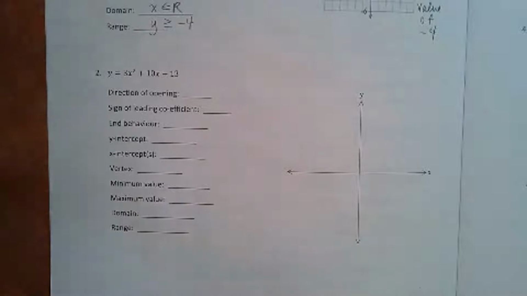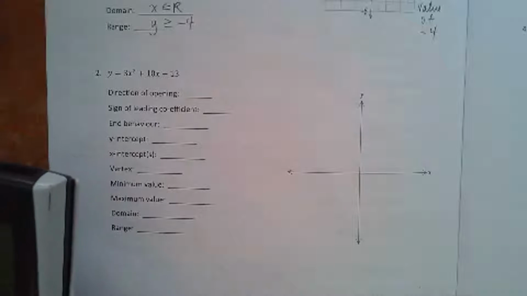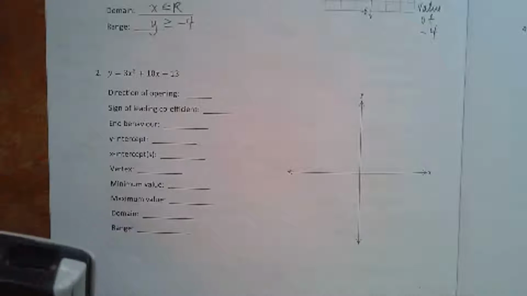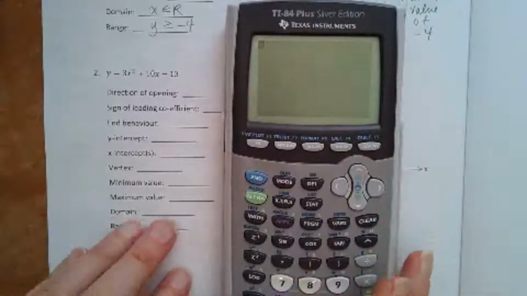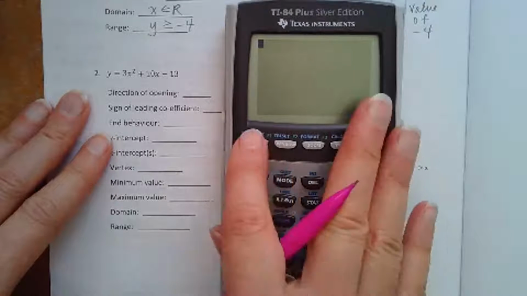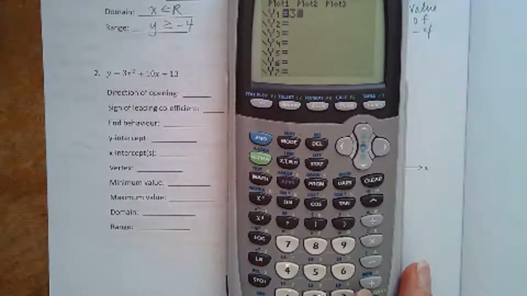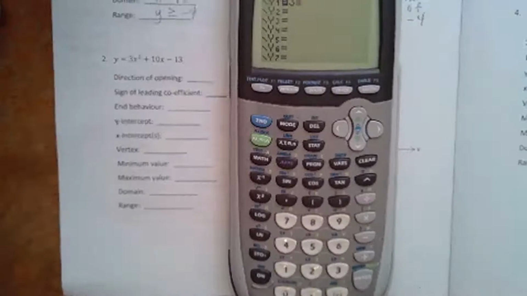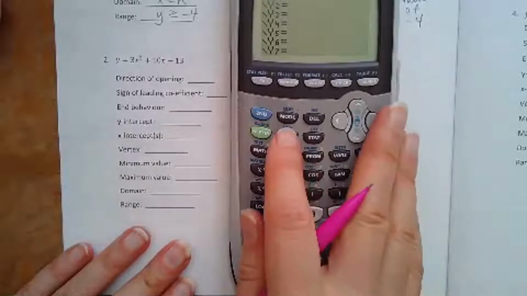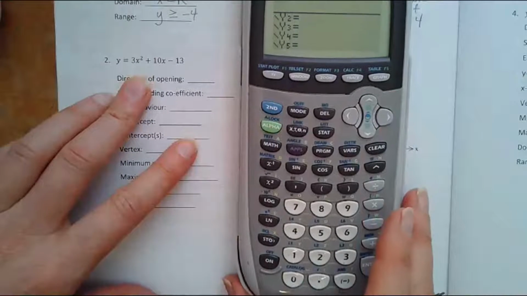So I pick up my calculator and I make sure that the calculator is cleared out from any previous info, so that when I enter my y equals statement in, I'm entering it into a brand new, clean, fresh calculator. So 3x squared, x, subtract 13.